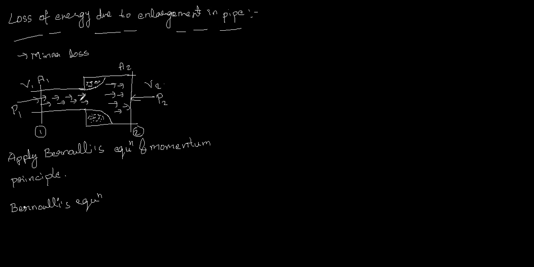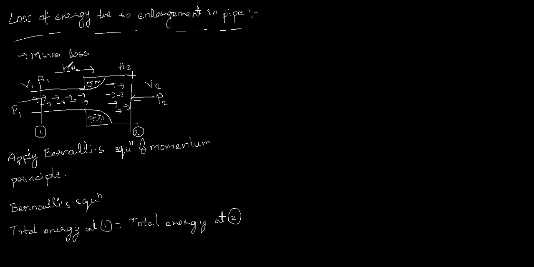By assuming these conditions we can apply Bernoulli's equation, which states that total energy at section 1 should be equal to total energy at section 2, and this condition holds when no loss is taking place. But here, when it is moving from section 1 to section 2, a certain loss of energy is taking place. That loss I want to assume as He.